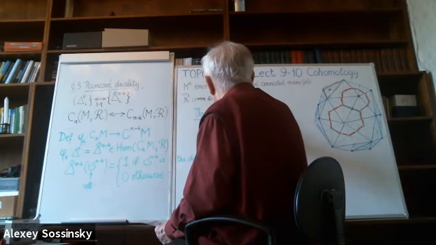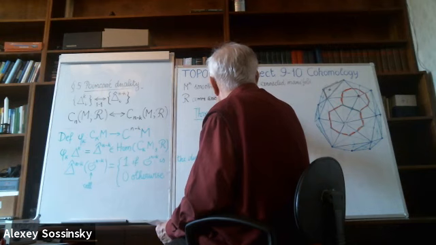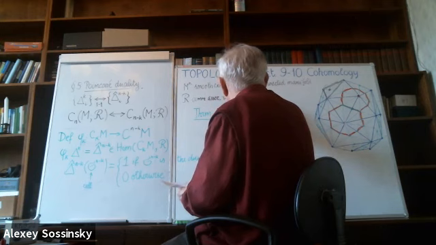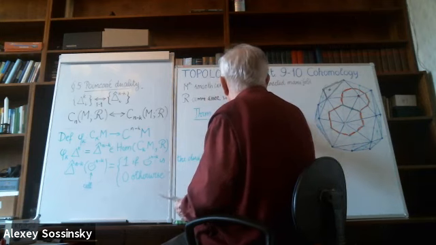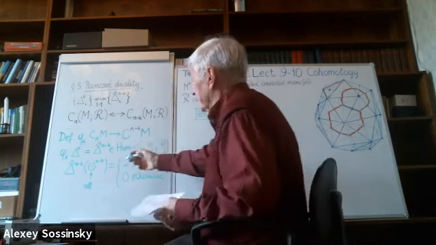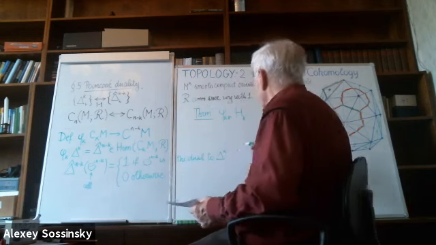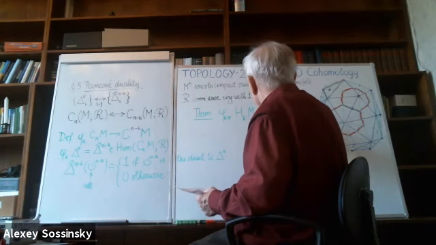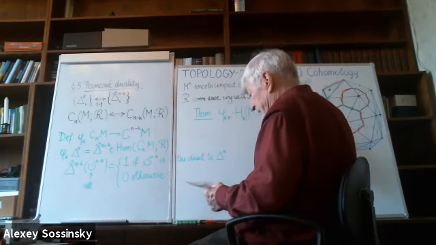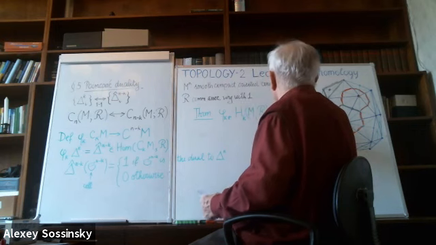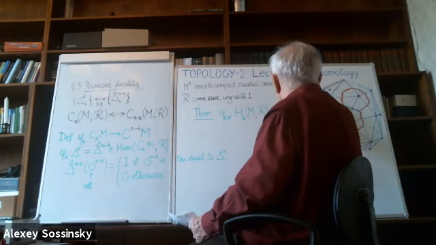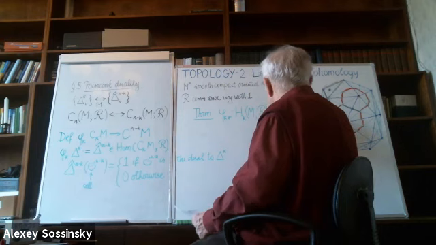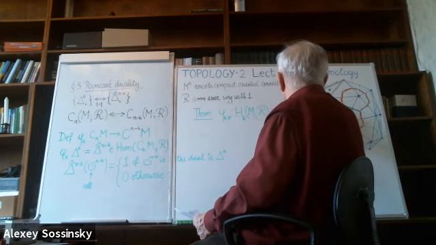Phi k star is a homomorphism, so we're passing from the chain level to the homology level, of H_k of M. I will write the coefficient group now, to the cohomology group n minus k of M, R.